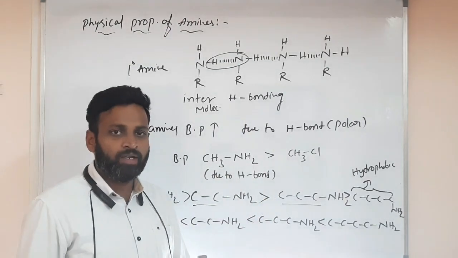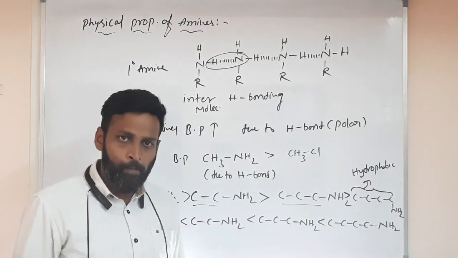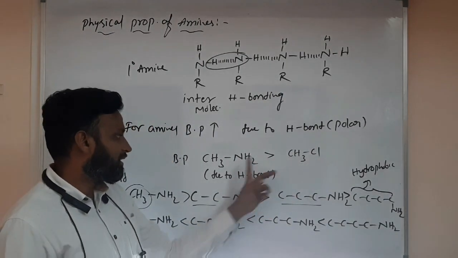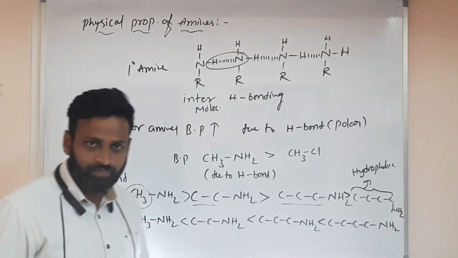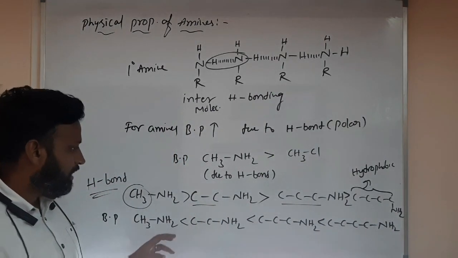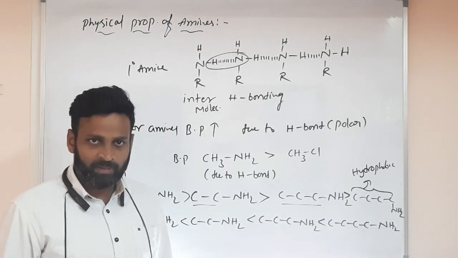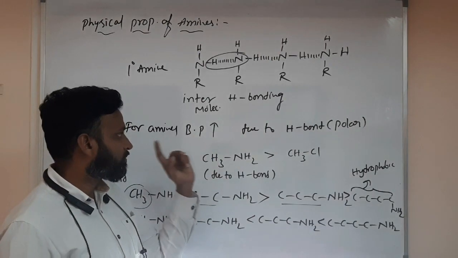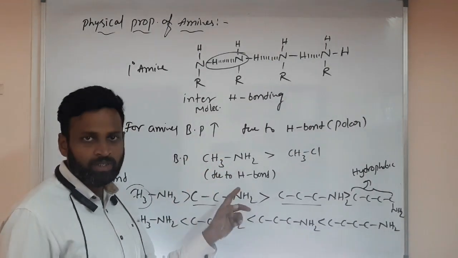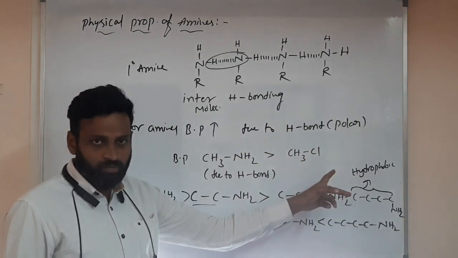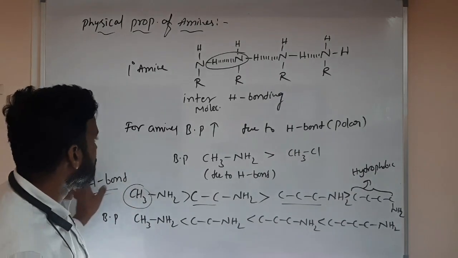To compare the boiling points of amines with other molecules which don't have hydrogen bond. So I am comparing like this. Among amines, as molecular weight increases, boiling point increases. Then why did I give the hydrogen bonding concept? To compare amines' boiling point with other kinds of molecules. Understood? Hope you understood all these things.